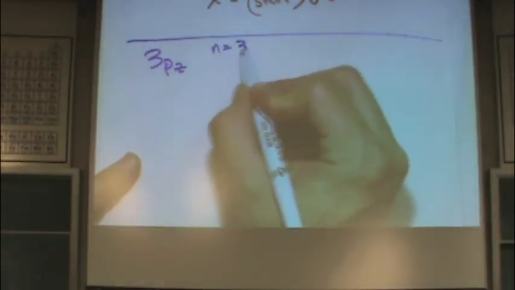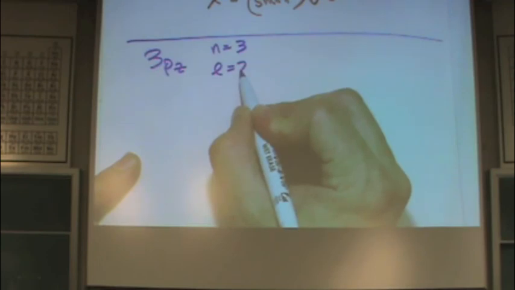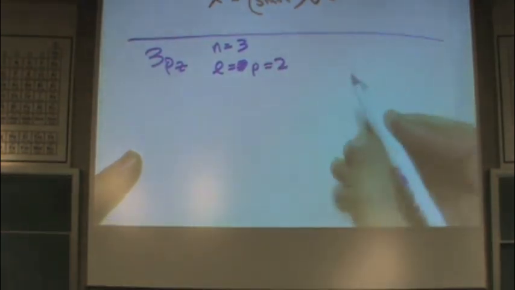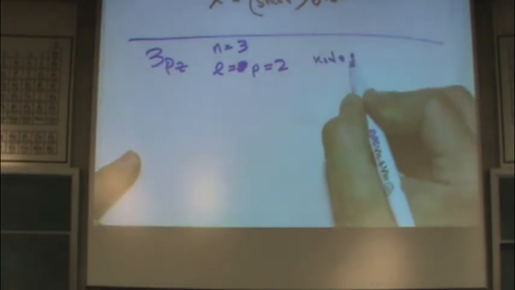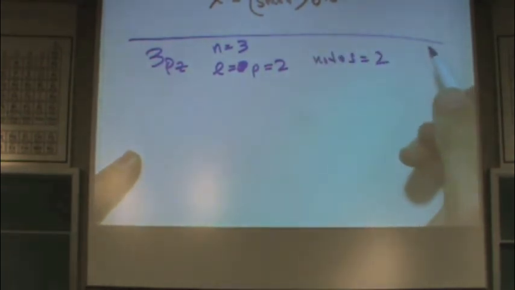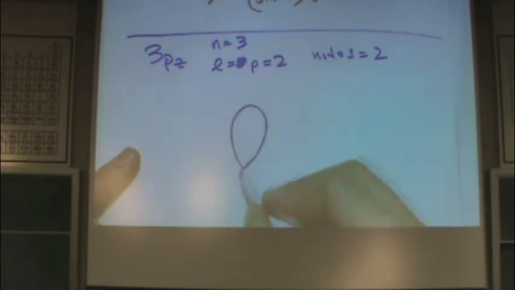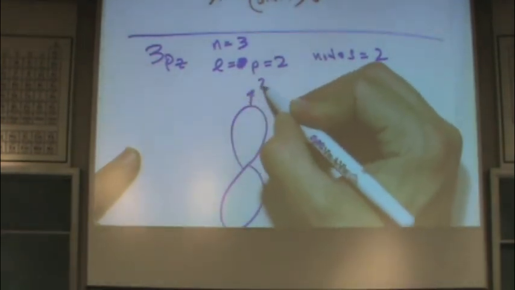Z. If you were drawing a 3pz, n is 3, L is p, which is 1. And the nodes are n minus 1, or 2. So you're looking for 2 nodes. This is on the z-axis.